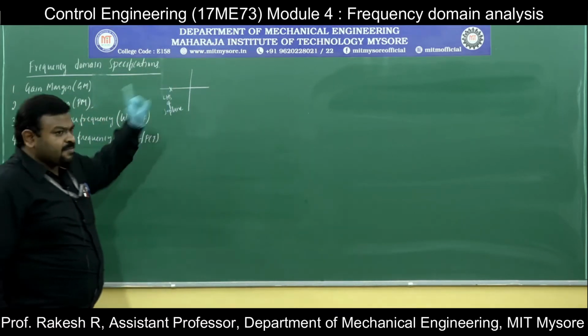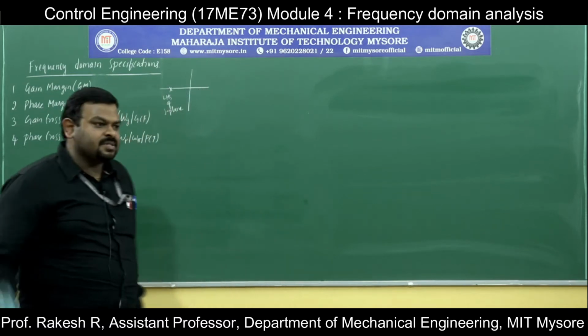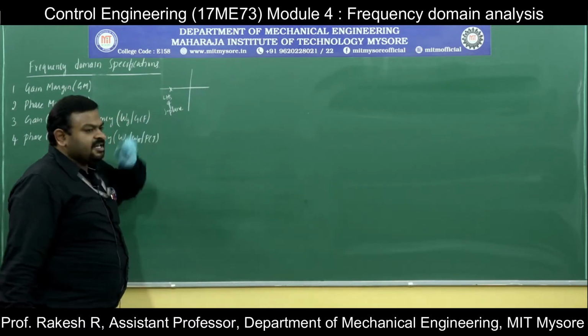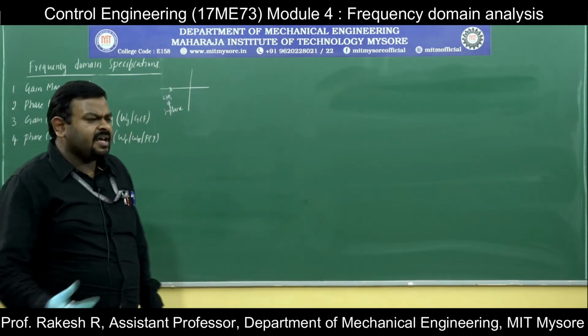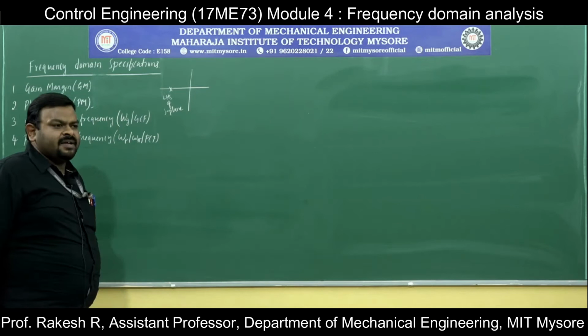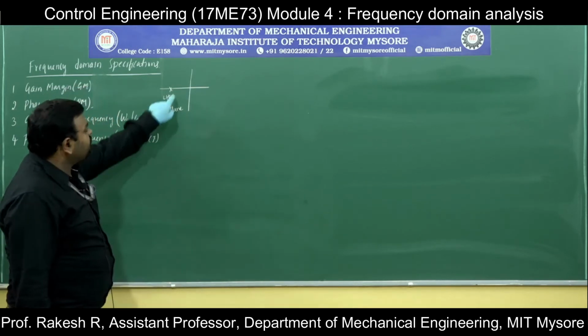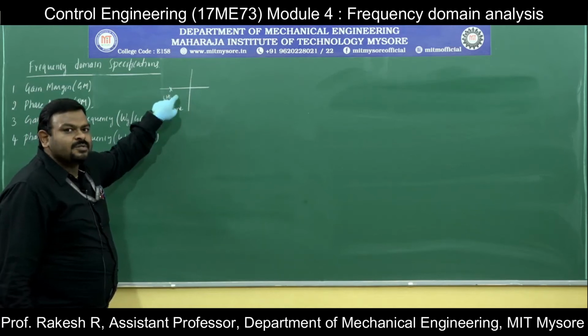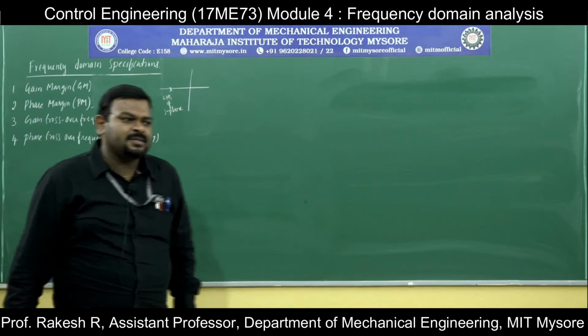This is the absolute stability concept. What you have solved in time response analysis is directly based on the absolute stability concept. Here we will be considering relative stability. Relative stability is related to the location of closed loop poles on the left side of the S plane.